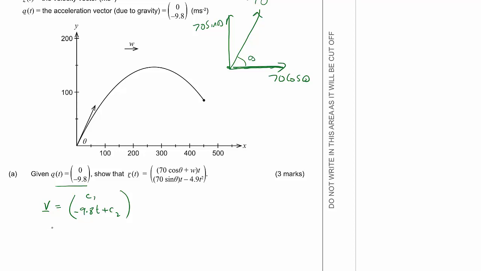So we know that V is equal to 70 cos theta and 70 sine theta when t is equal to 0.